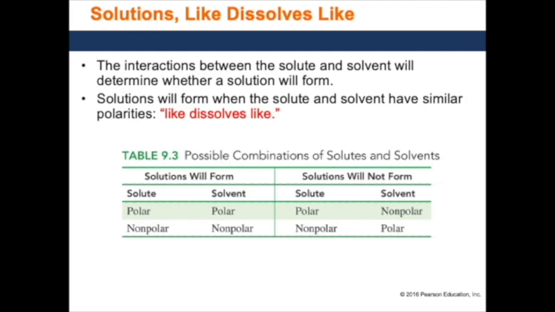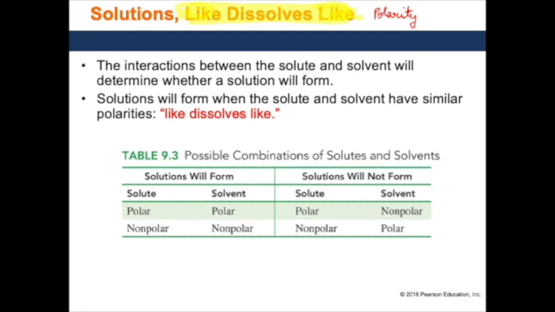One very common rule of thumb in terms of solutions is that like dissolves like. Like dissolves like, meaning something interacts with something which is similar to it. Here, when we say like, we are specifically talking about polarity, a property of a molecule.